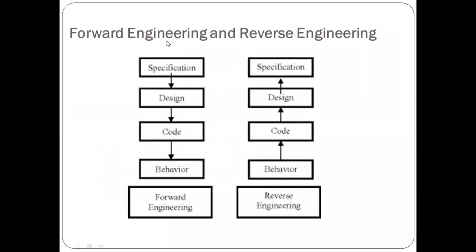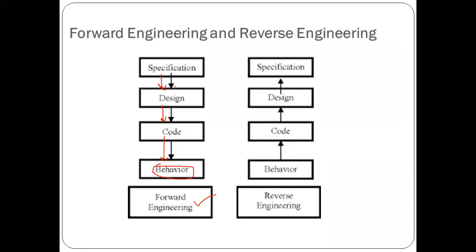Now, how is the difference between forward engineering and reverse engineering defined? In forward engineering, we have specifications, and we design. The next step is coding, and the last step is implementation and operation. That shows the behavior, because when it is operated, it gives you a behavior, how it works according to the commands. And reverse engineering is just moving backward, the opposite way.